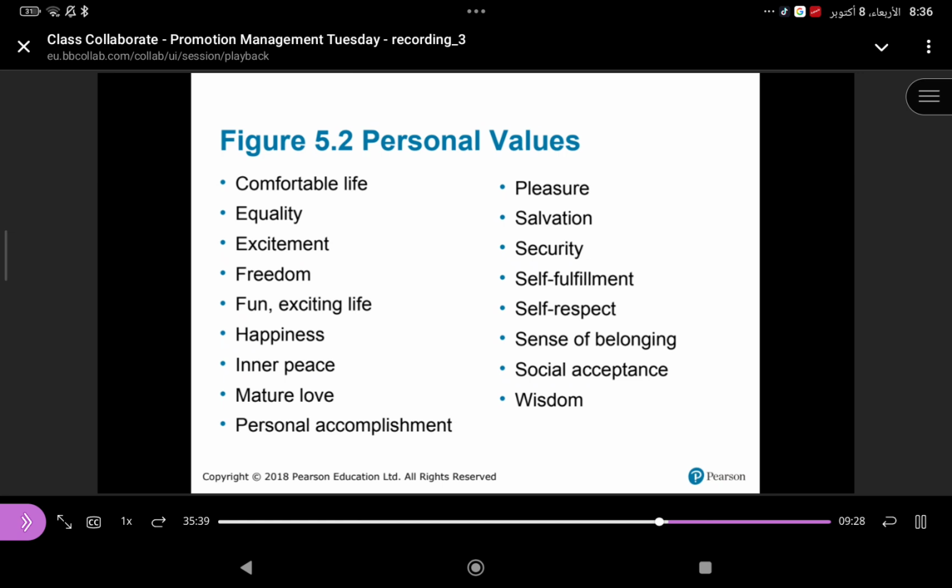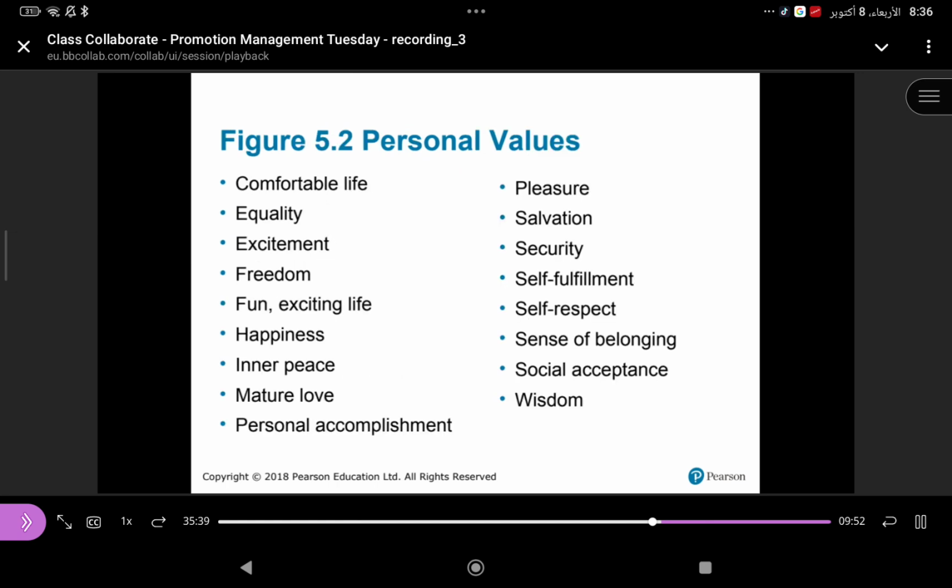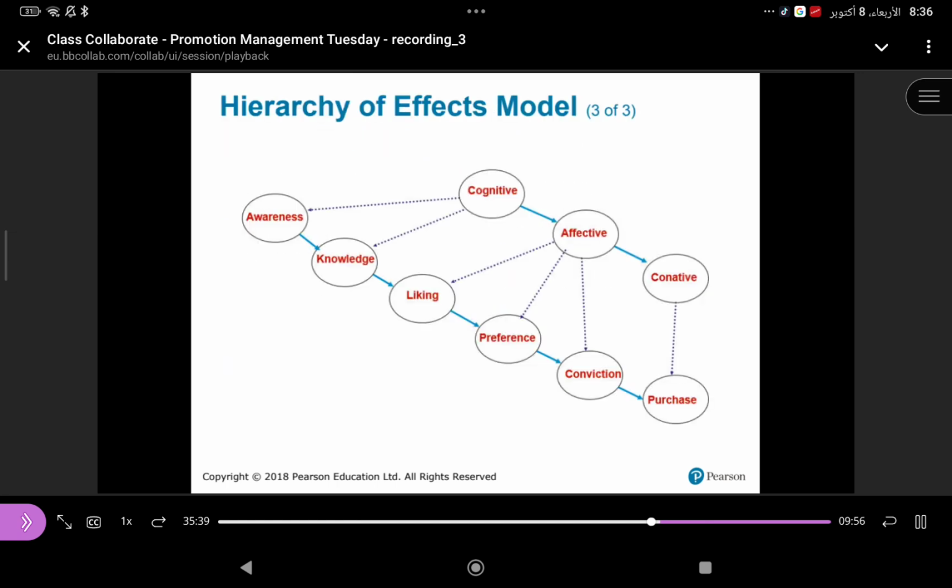Then they have preferences. They prefer one brand over the other brand. Fifth is connotative. Connotative means intention to purchase. They believe in the value of the product. And in the final sixth stage, they will purchase the product.